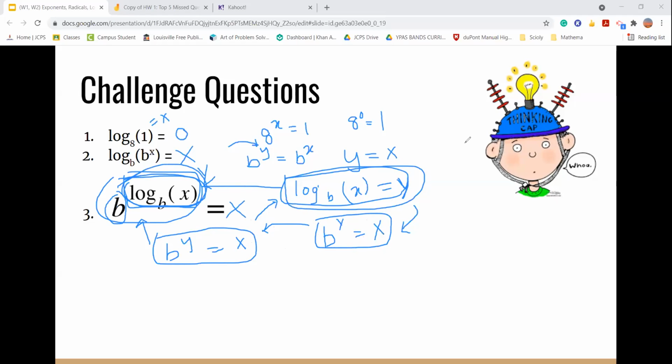So just to confirm, the logarithm, log base b of x equals y, in exponential form is b to the power of y equals x, right? Yep. And if we replace this entire logarithm with y, we get b to the power of y equals something. We already know that b to the power of y equals x, so we can just put x there, right? Yeah, that's exactly it.